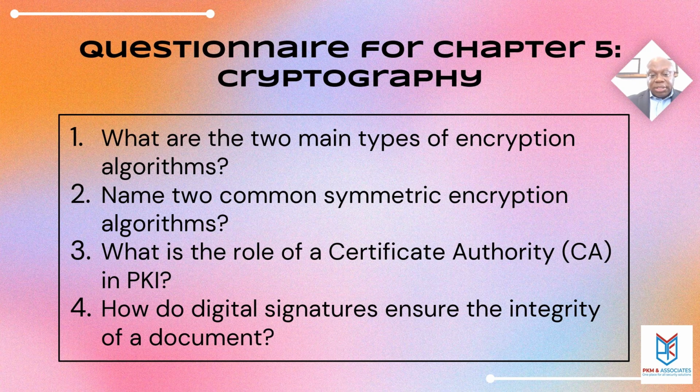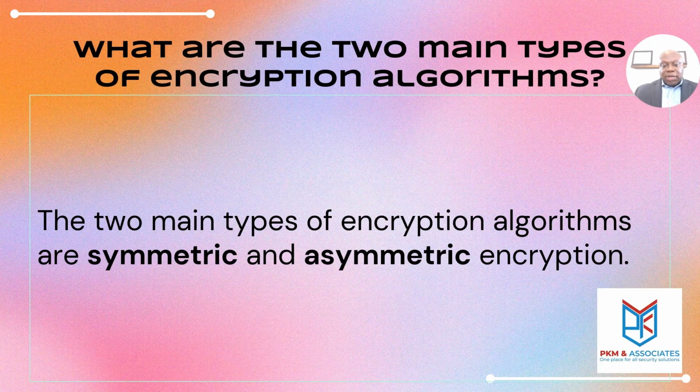From an exam perspective, you just need to know some of the core concepts, like what are the two main types of encryption algorithms? Name two common symmetric encryption algorithms. What is the role of the CA in PKI, and how do you digitally sign to ensure the integrity of a document?